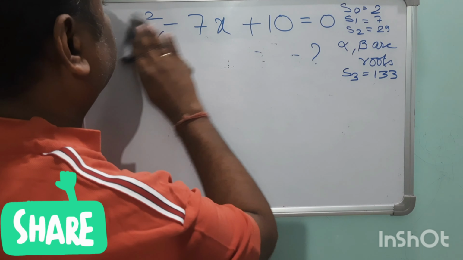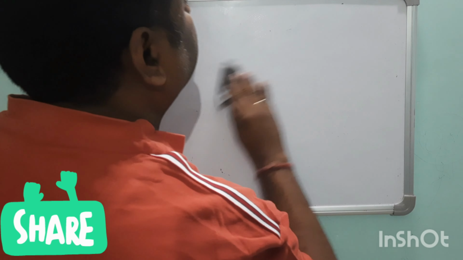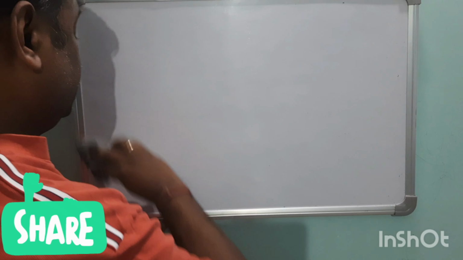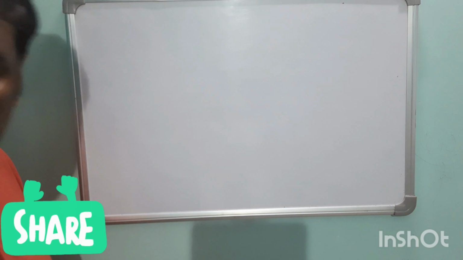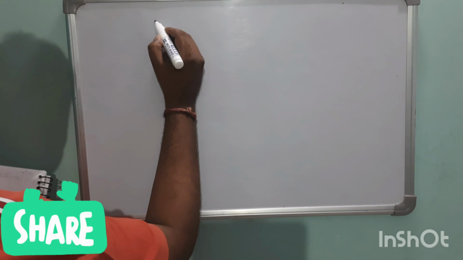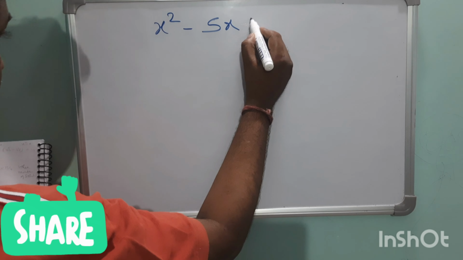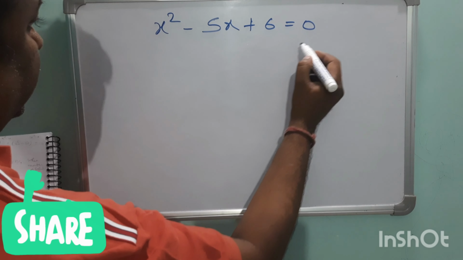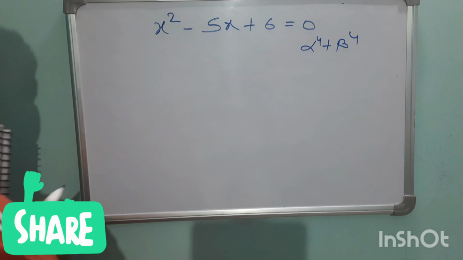Let me pull the questions for you. So this one is x square minus 5x plus 6 equals 0, and here they are asking us to find alpha raised to power 4 plus beta raised to power 4.